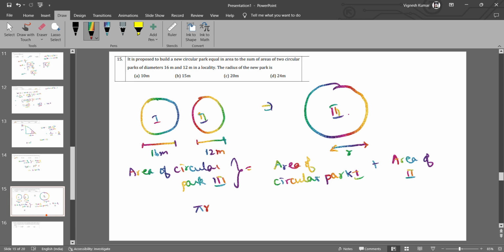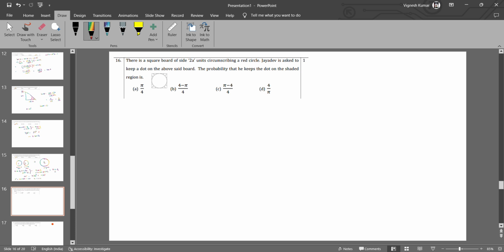So we will have the area of circular park 3 as pi r square, since r is unknown, and area of circular park 1 will be pi into, here the diameter is 16 meters, so the radius will be 8, pi into 8 square plus pi into 6 square. We can cancel pi from all sides, so r square will be equal to 64 plus 36 equal to 100. So we'll get r equal to 10. So the 10 meter is the right answer.